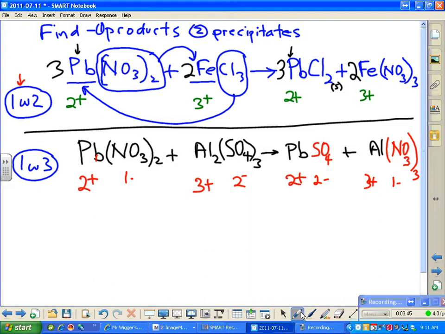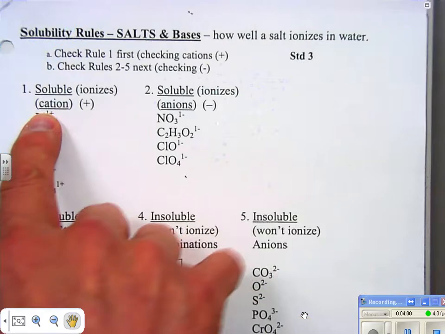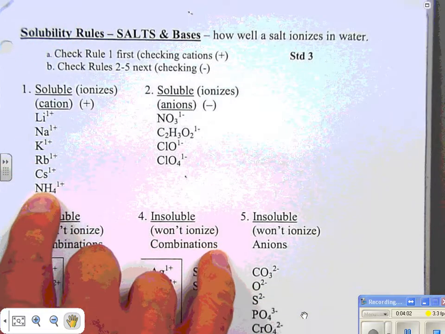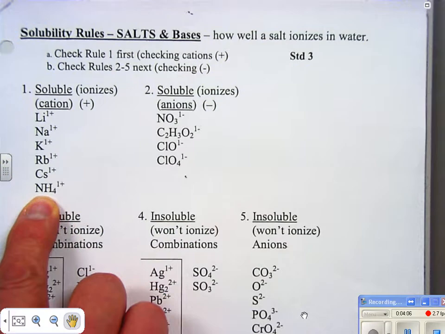Now let's see if that iron nitrate is going to be a solid also, or whether it's just going to be one of those guys that's going to be sitting around. So let's go ahead and look at him on the chart. Now, iron, is he on the list here? No. Okay, who's iron with?